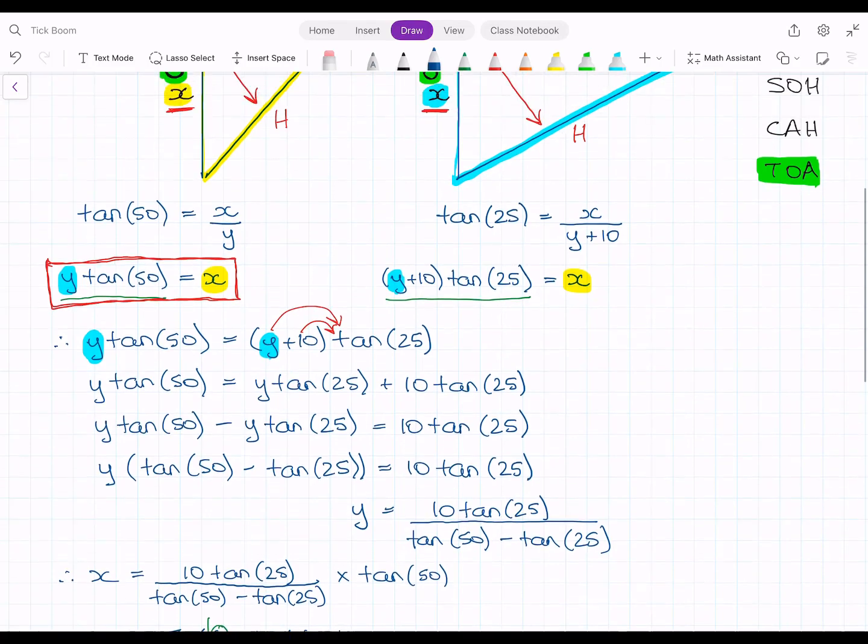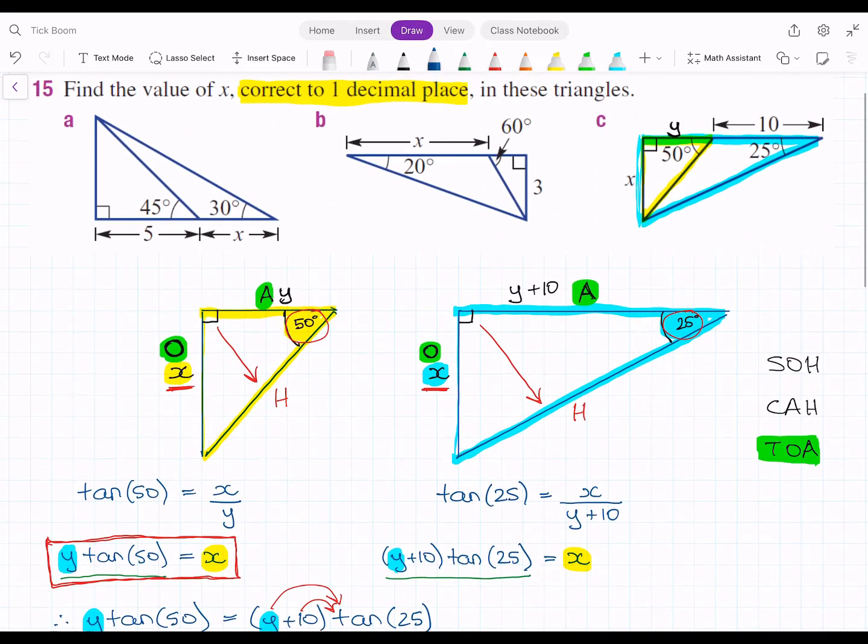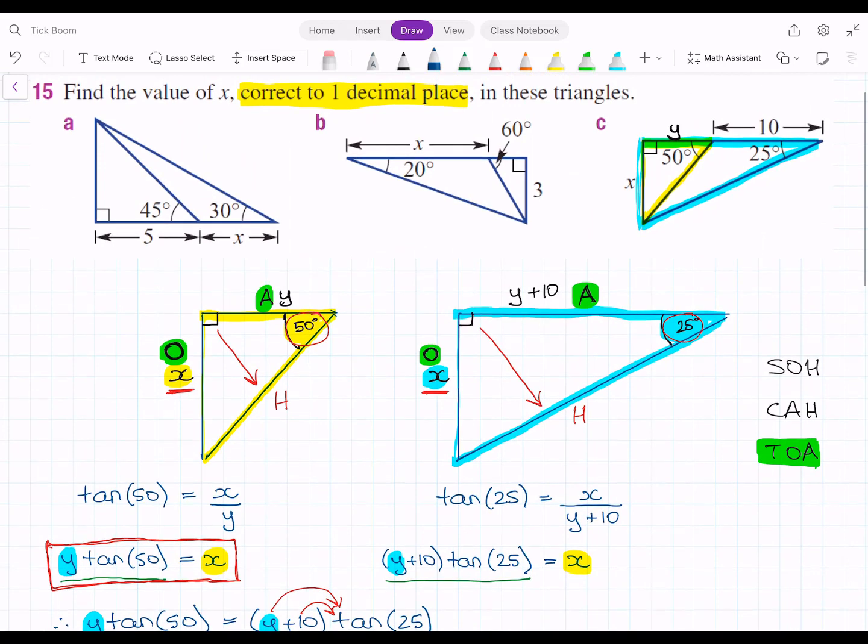Hopefully now that you've seen that, it's something that you could replicate yourself if you had to. I think evaluating this question, probably the biggest leap is to see that we have two right-angled triangles and to have the, I guess, idea to define another unknown. So I think that's the key.